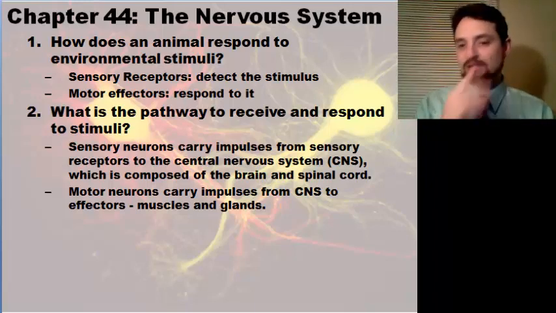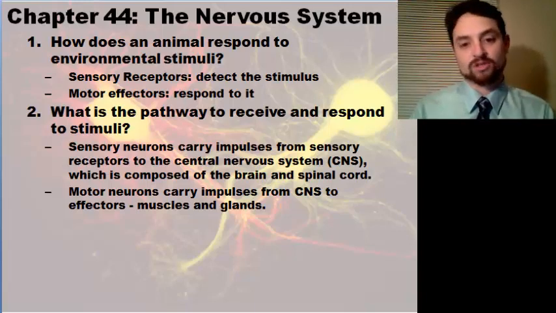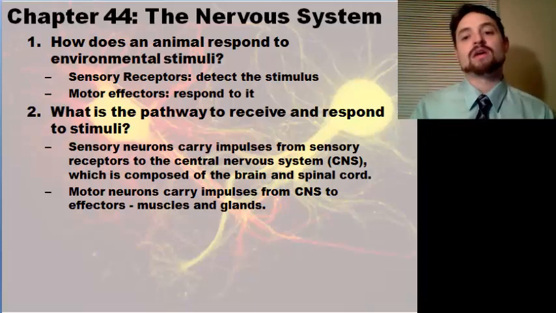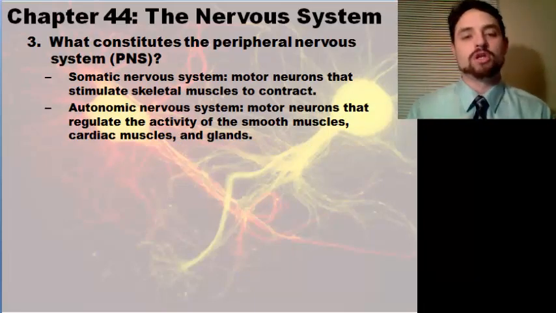So what's the pathway to receive and respond to stimuli? Well, you've got the sensory neurons that carry impulses from the sensory receptors to the central nervous system, which is composed of the brain and the spinal cord. And then the motor neurons carry impulses from the central nervous system to the effectors, which would be your muscles and your glands. So what constitutes the peripheral nervous system then?